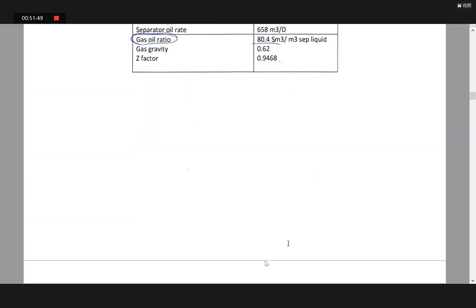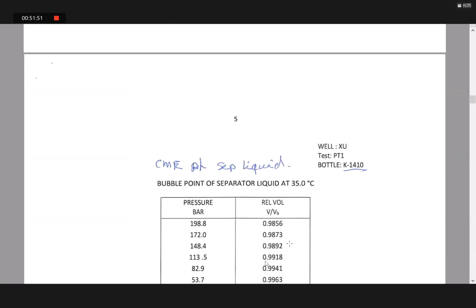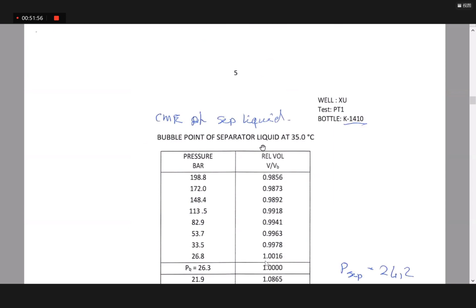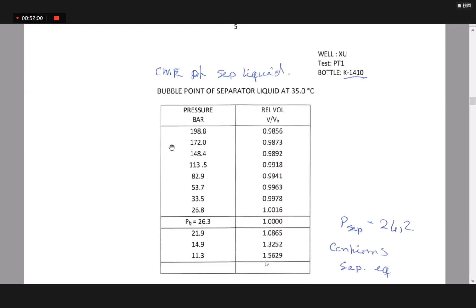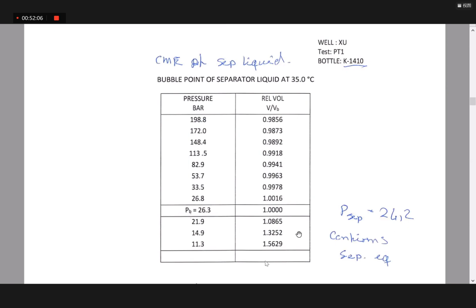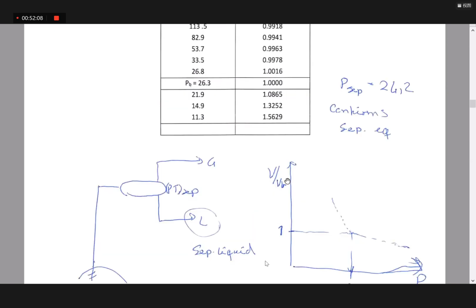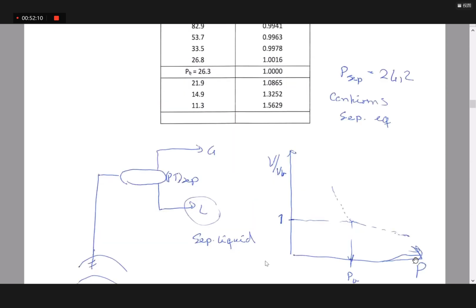And then the separated liquid bottle is going through a bubble point determination. We start at a high pressure and reduce the pressure and go into the two-phase region. We start to boil out gas, and we are able to detect it when we're plotting volumes against pressure. So you see a change in the compressibility of the fluid.